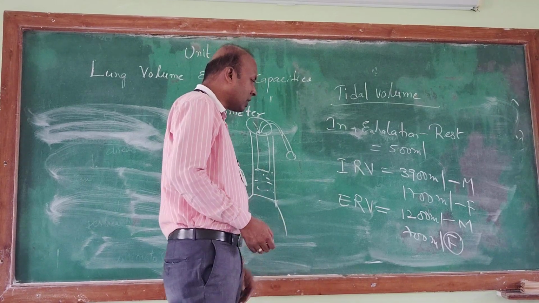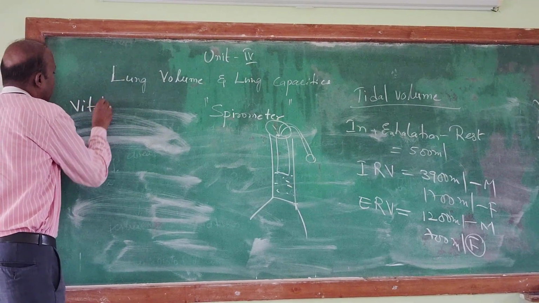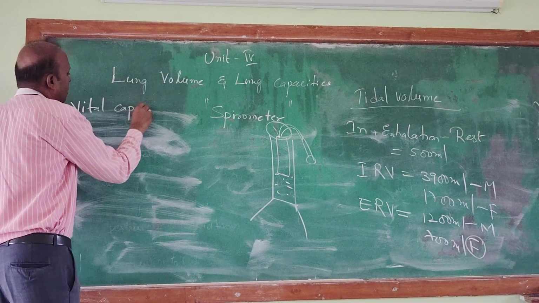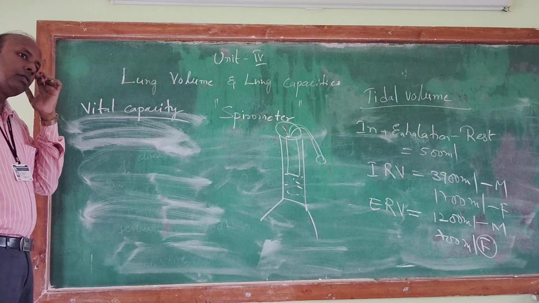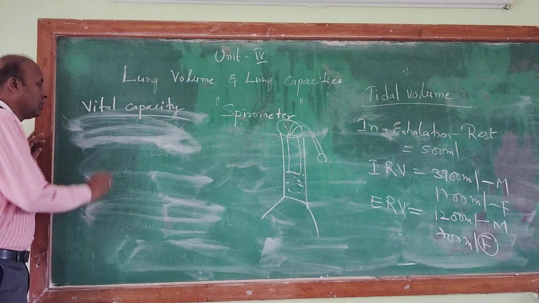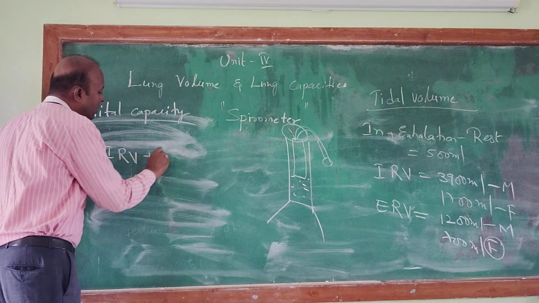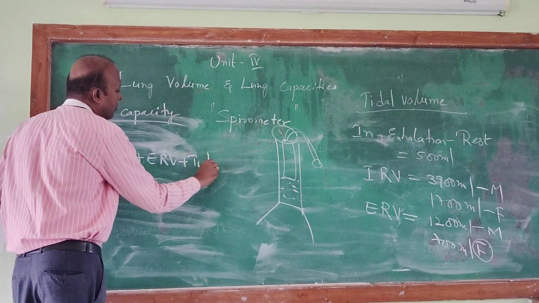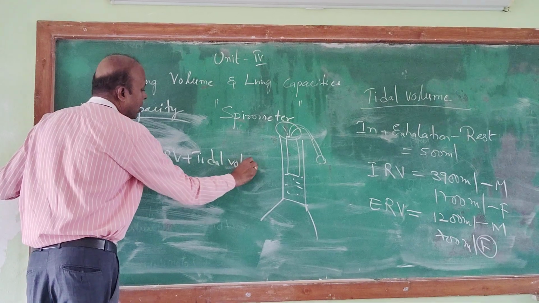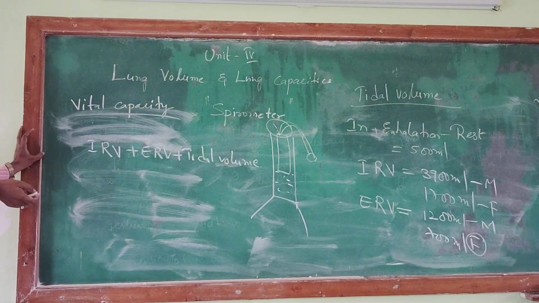Then vital capacity. What is the lung capacity? It includes IRV plus ERV plus tidal volume. The total of these three indicates vital capacity.